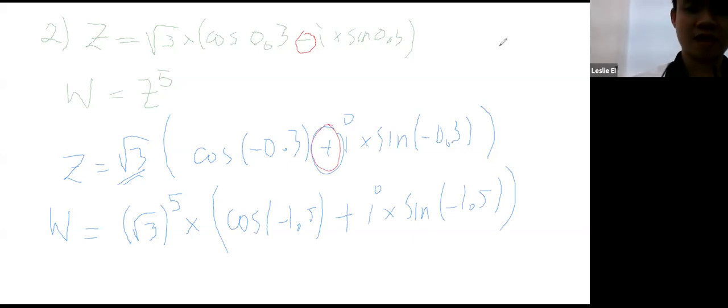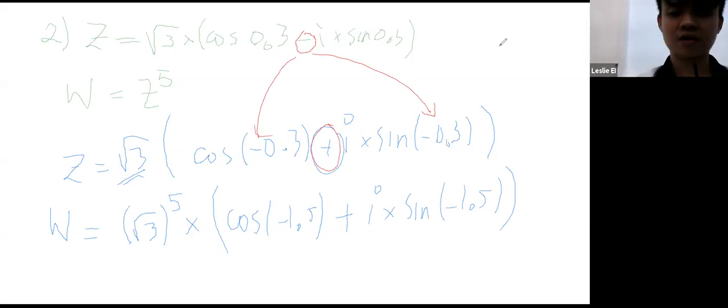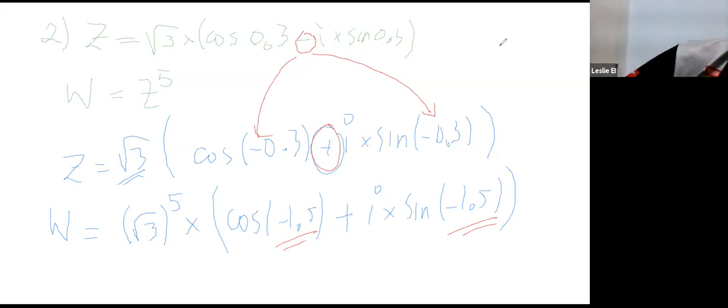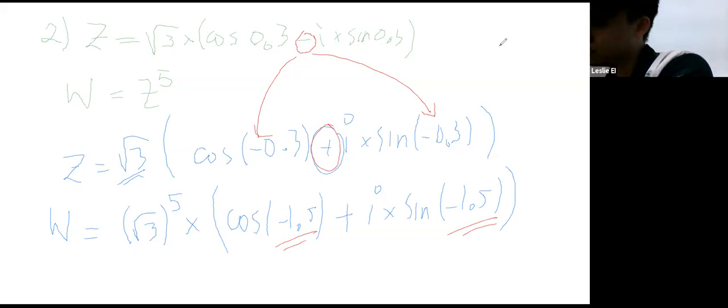If you have a negative sign, just put a negative. Then you can apply the rule that I taught you just now. So if negative 1.5, does it break the rule? It doesn't break the rule because it is still between negative pi to positive pi. Anyone have questions until here?